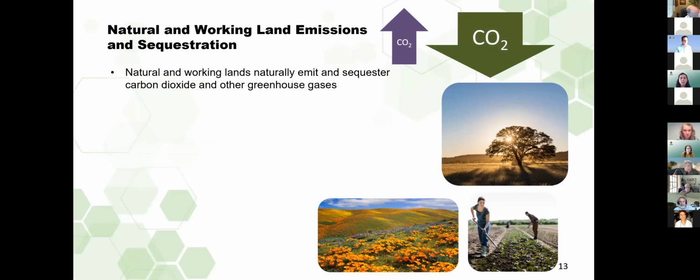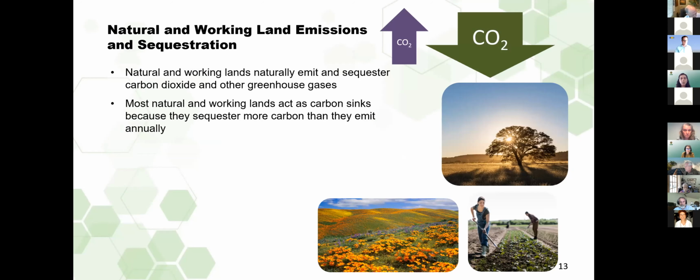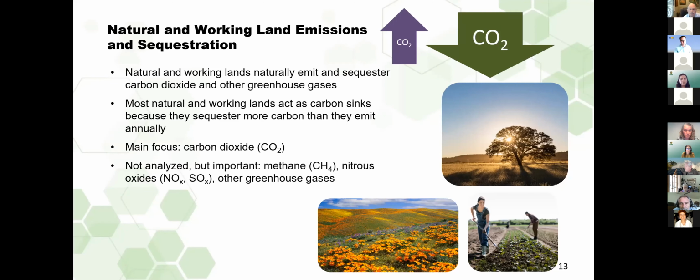Natural and working lands, which include all agricultural lands, naturally emit and sequester or capture carbon dioxide and other greenhouse gases. Most natural and working lands act as carbon sinks because they sequester more than they emit annually. This report primarily focused on carbon dioxide because that is the main greenhouse gas and is sequestered in natural and working lands.